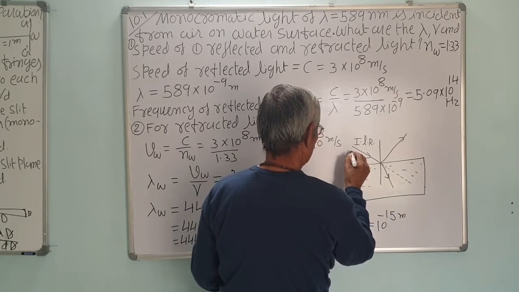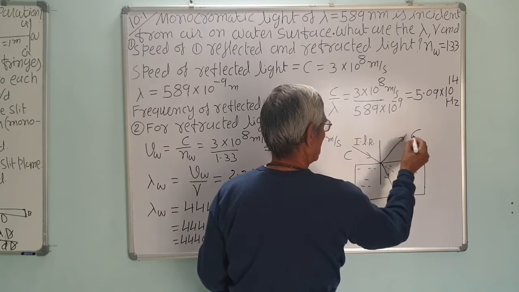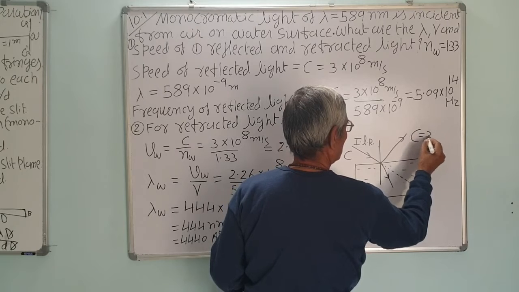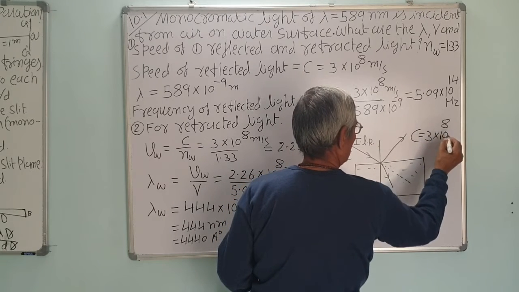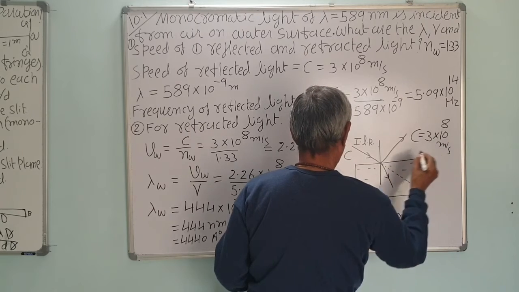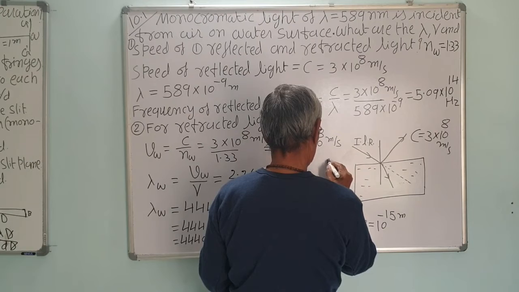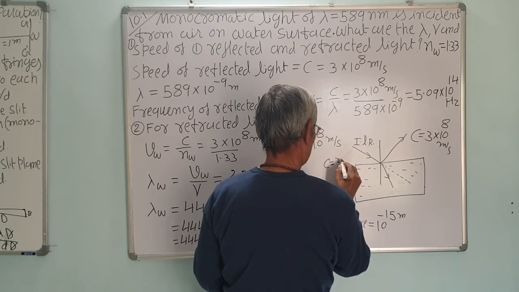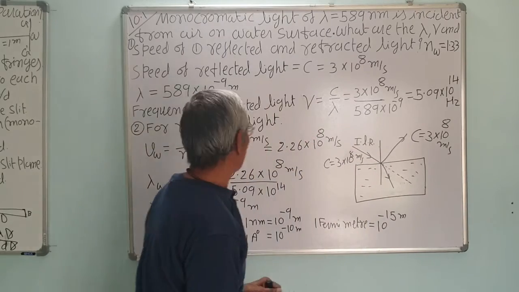Here the velocity is c, the velocity of light. Here also it is reflected in the air, so c is 3 into 10 raised to 8 meter per second. Here also c is equal to 3 into 10 raised to 8 meter per second in air, the same velocity.